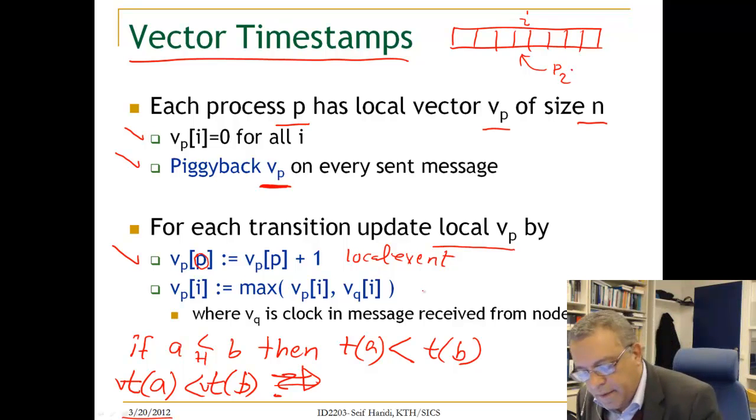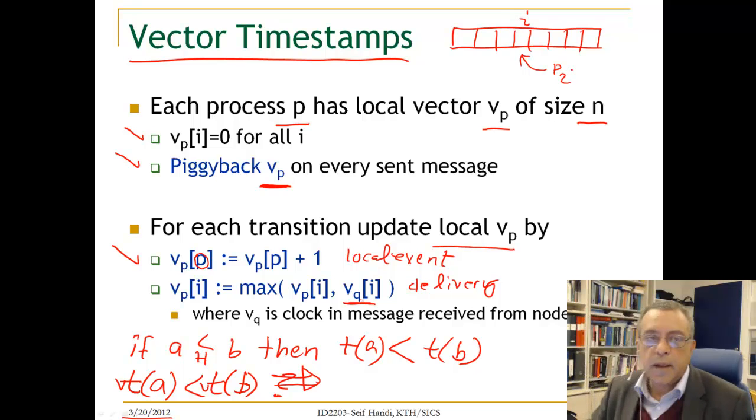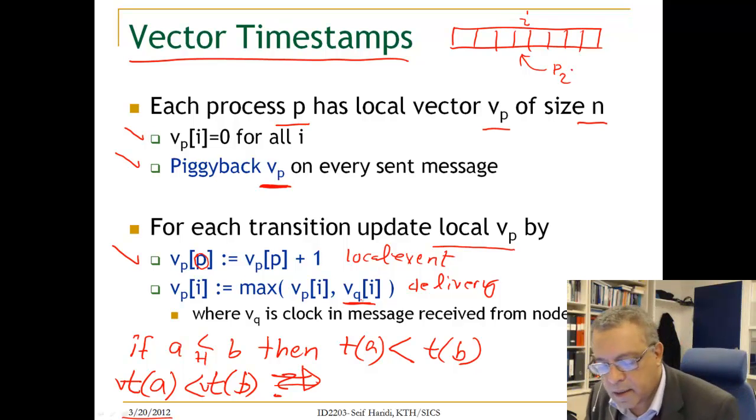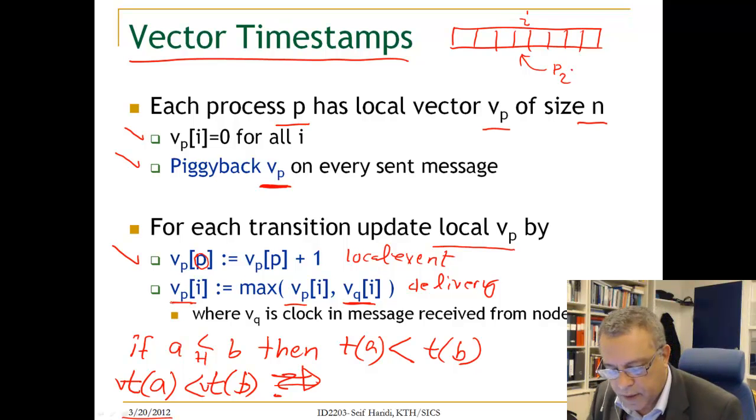And if we have a delivery event of a message, that means we have a vector associated with the message. We call this vector VQ. Then we compare the local vector VP with VQ element-wise, take the max, and update the local vector.